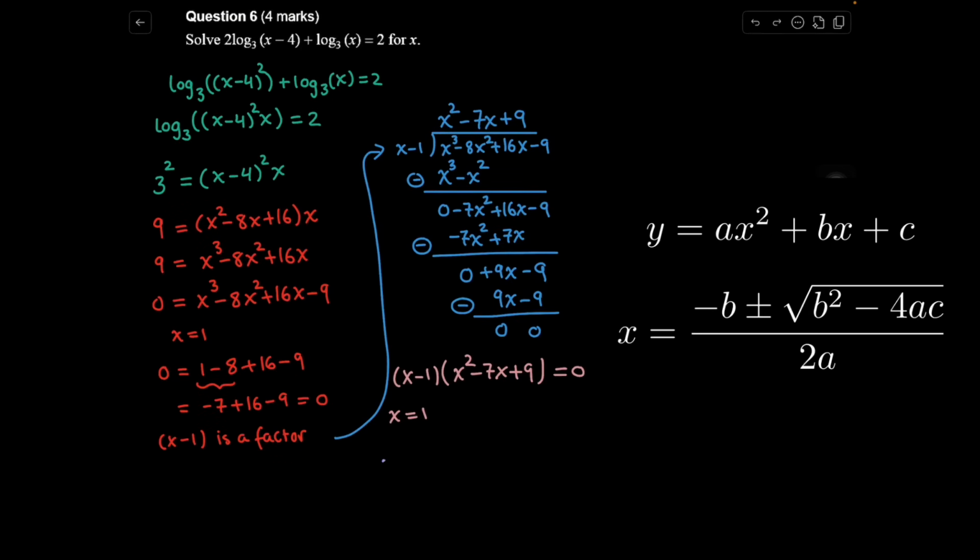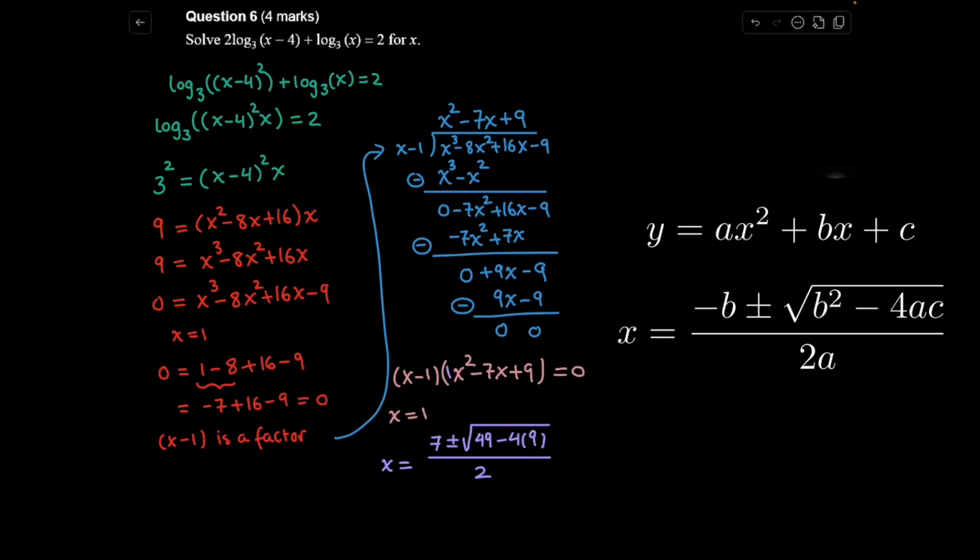You get x is equal to negative b, so negative of negative 7 is positive 7, plus or minus the square root of b squared, so negative 7 squared is 49, minus 4 times a, which is 1, so we don't need to put anything, times c, which is 9, over, whoops, the whole thing over 2a.